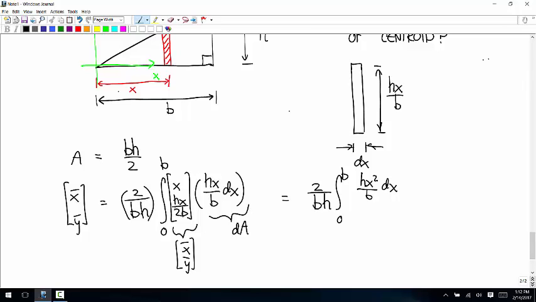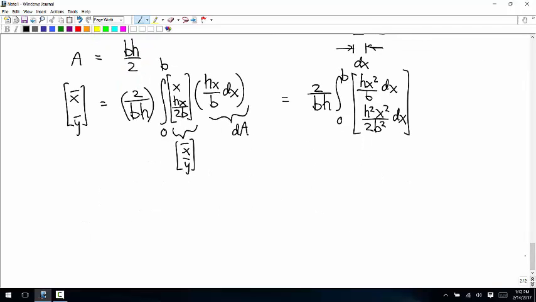And then for y, h squared x squared over 2b squared, dx. And now we're just integrating both of those two components with respect to x.